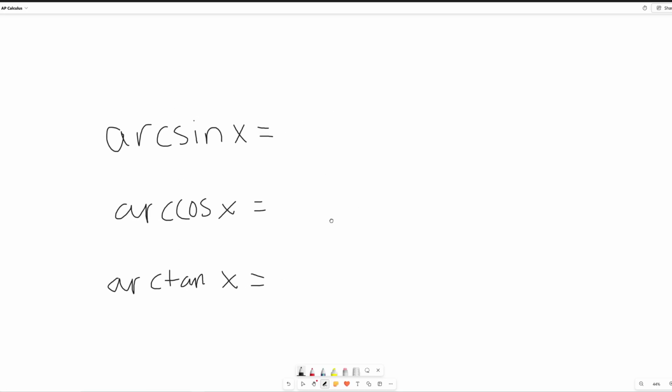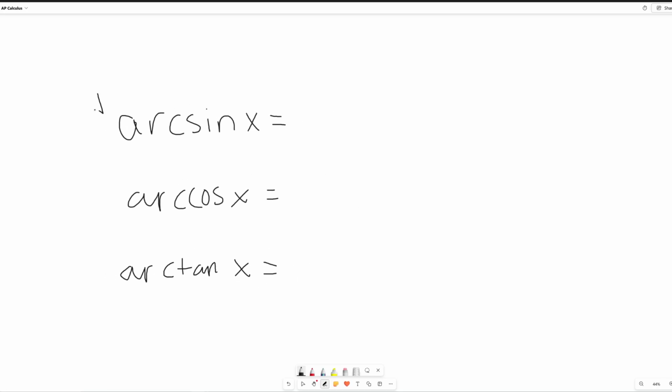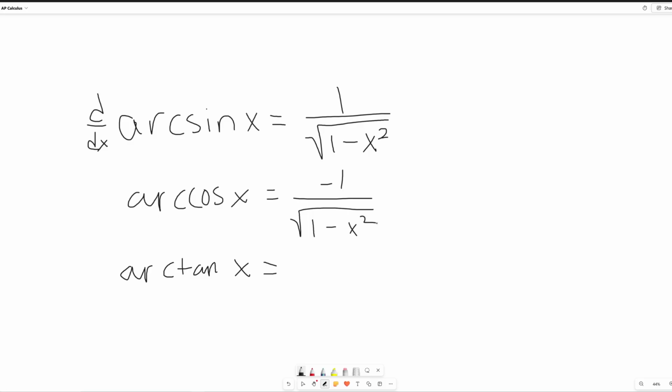So, these you will just have to memorize. Derivative of arc sine is 1 over square root of 1 minus x squared. Arc cosine is the same thing, but negative. So negative 1 over square root of 1 minus x squared.